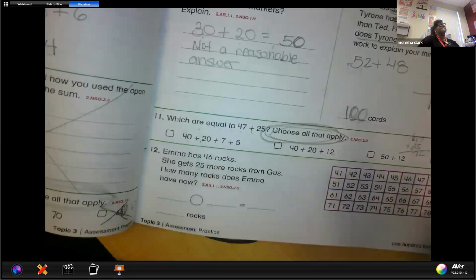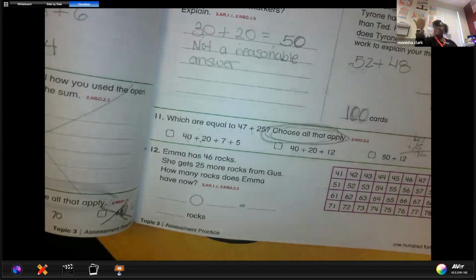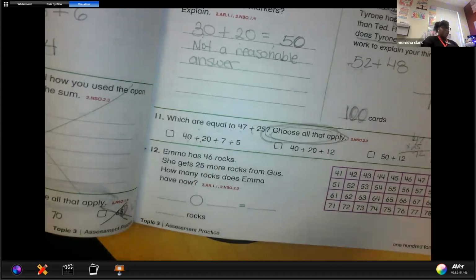So now we have 67, 68, 69, 70, 71, 72. So 40 plus 20 plus 7 plus 5 equals 72. So we could check this one off.